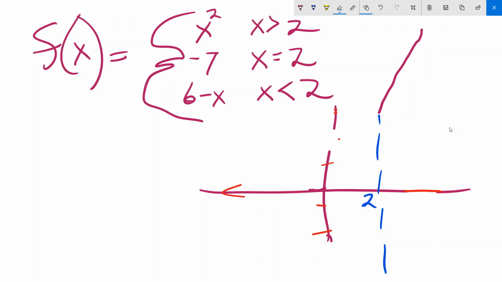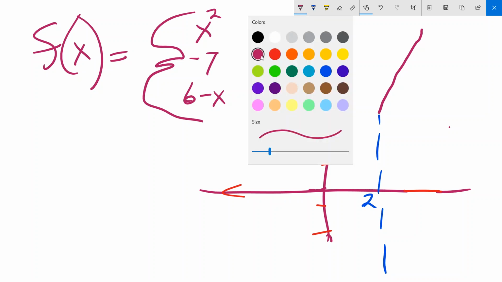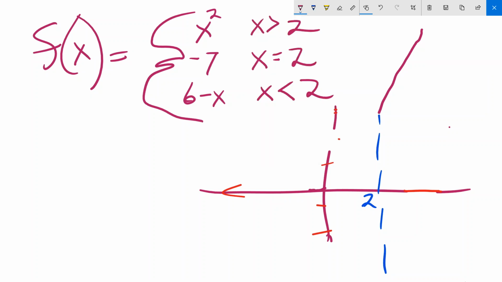So down here at minus 7, that's what it's equal to when it's 2. With me?